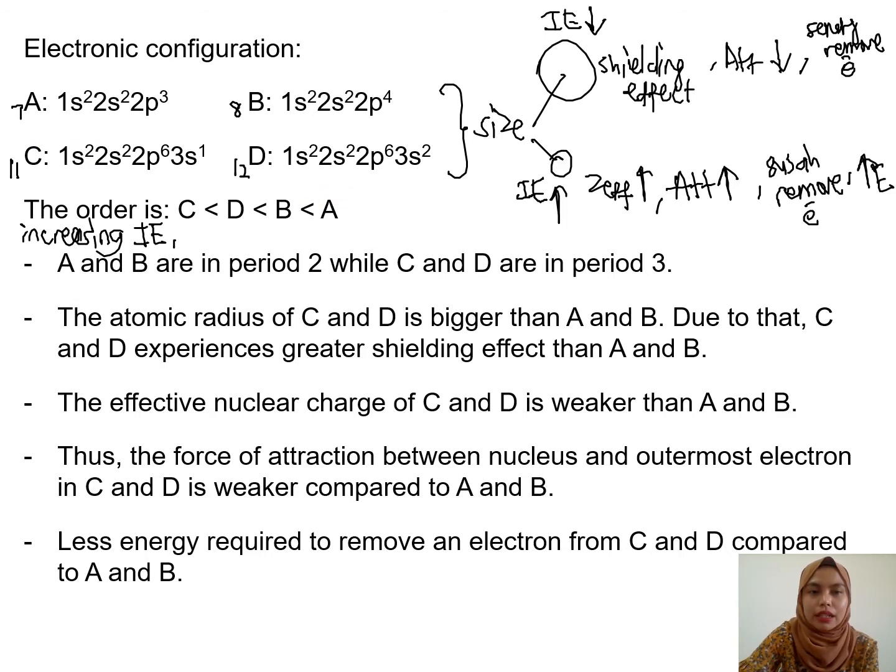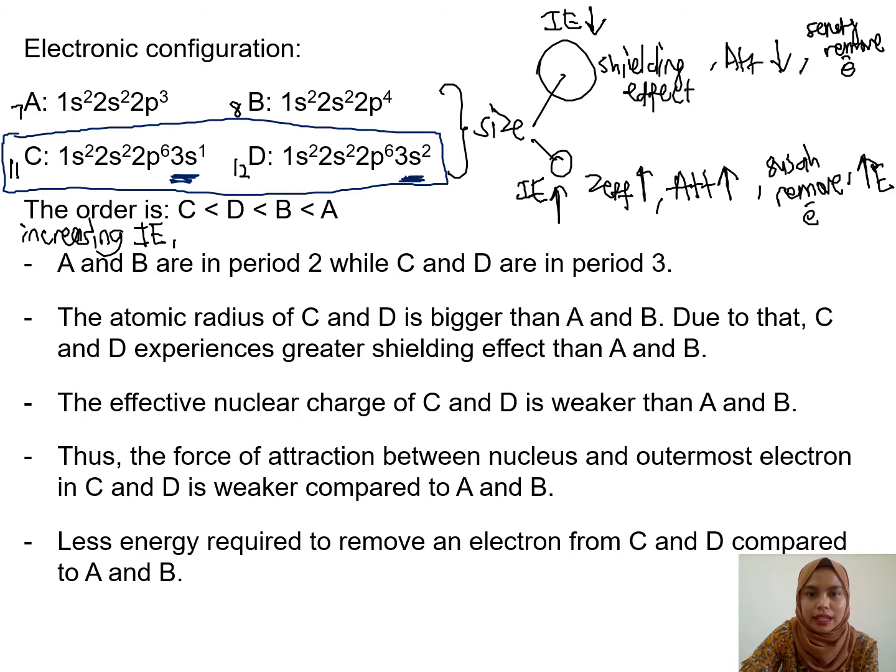So basically C and D are in the same period, because their valence electrons are in 3s. Okay, and they are in the s block. Okay, and then you know that across the period, the size gets smaller.